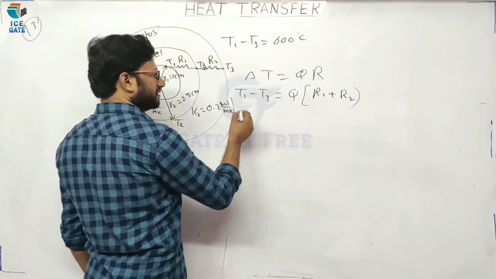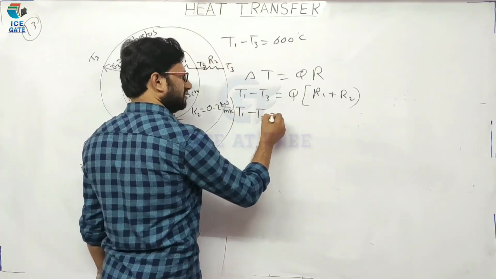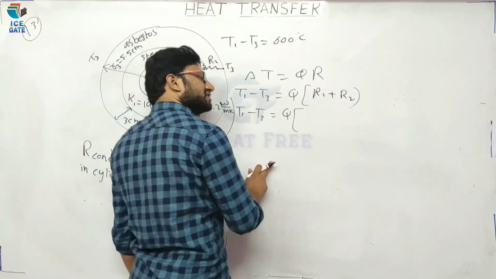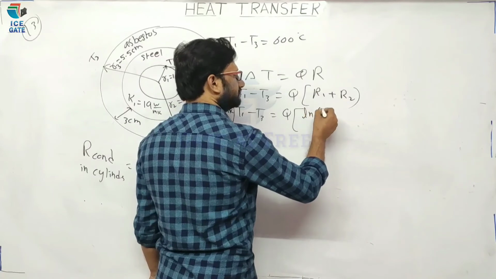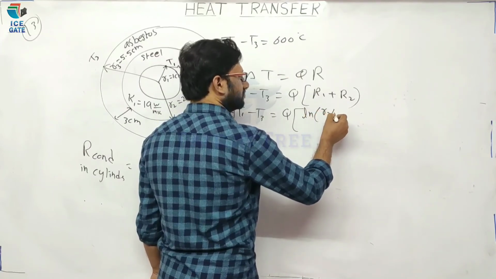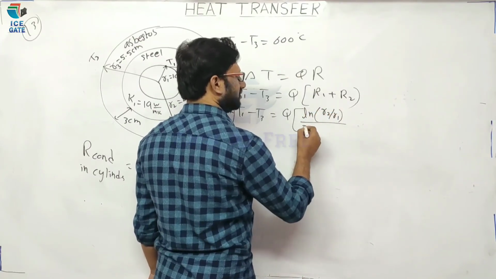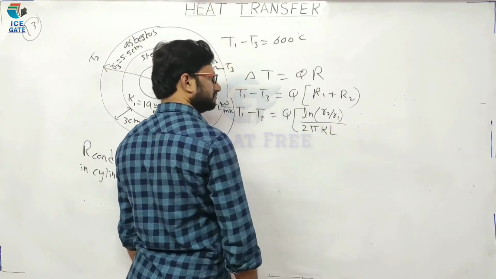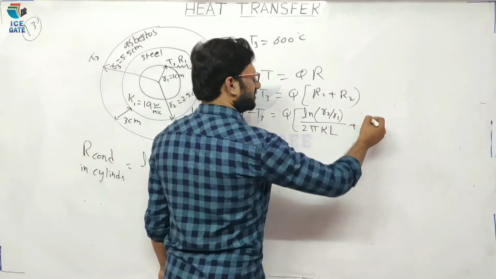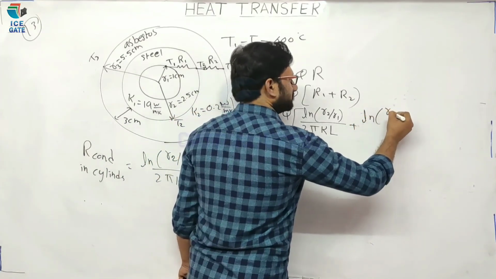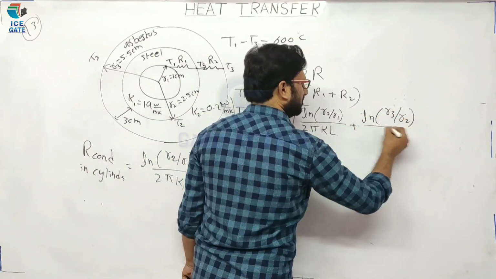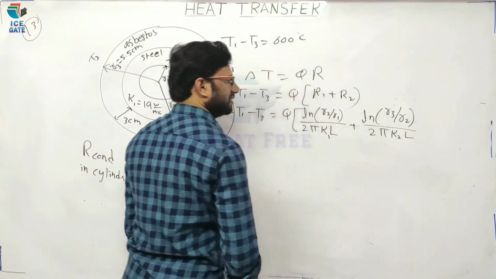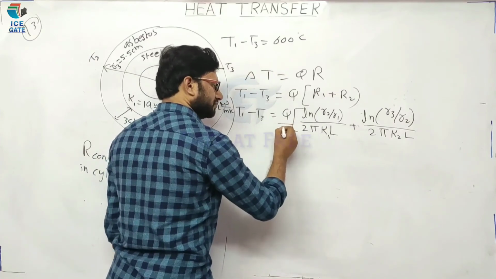Therefore, T1 minus T3 is Q into the conductive resistance of cylinder, ln R2 by R1 divided by 2 pi K1 L, plus ln R3 by R2 divided by 2 pi K2 L. Now take L common.